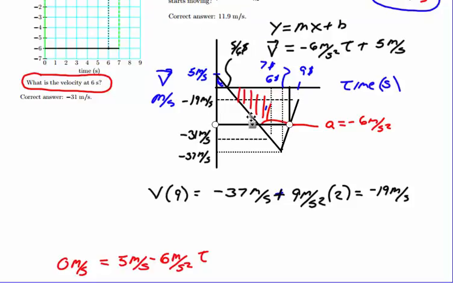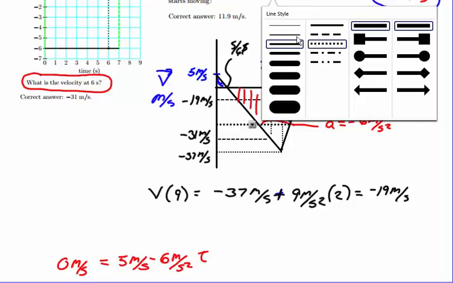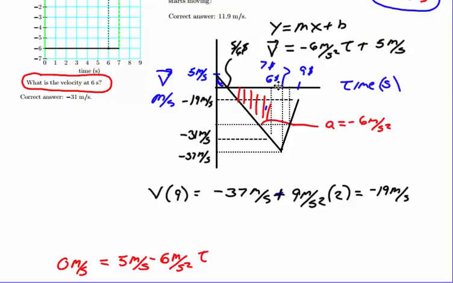And I'll color code that too so you can see that. Alright, so we need to find out what this value is. Actually, I'll just put a little velocity. Let's find out what that velocity is at 8 seconds.